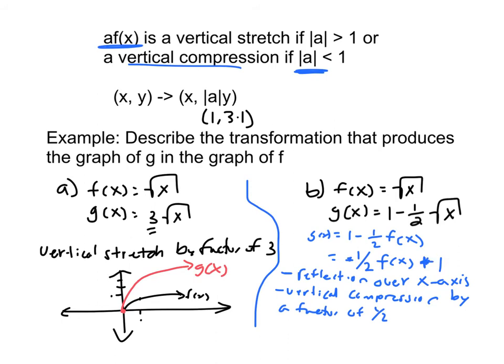Okay, and then the last thing that we see is that we have a plus 1 out back, right? So we have a plus 1. Now that was in one of the first videos about transformations, when we were talking about horizontal and vertical transformations. And we said that if you have f of x plus d, then that is a vertical transformation where you go up by d, or down by d if d is negative.